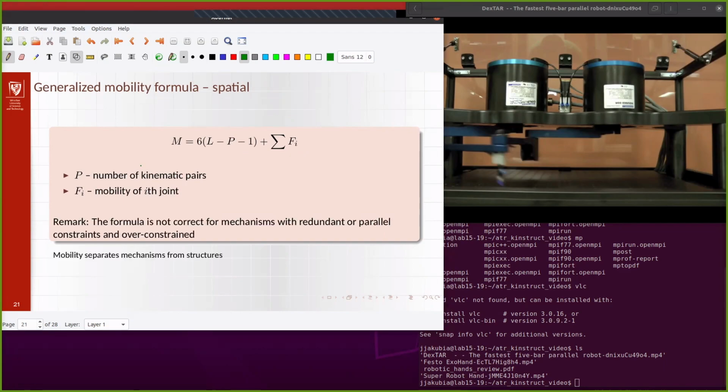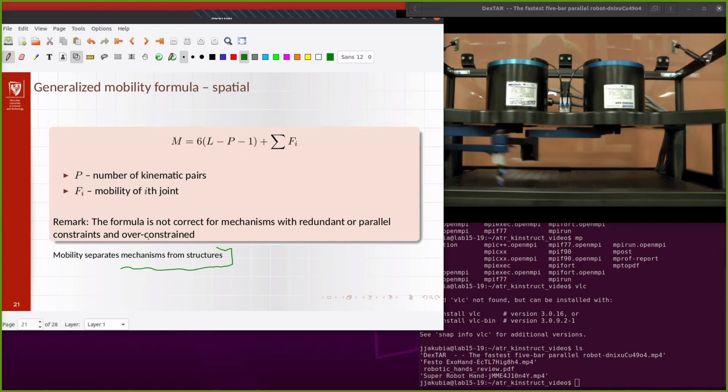Okay, there are two things to remember. Firstly, this formula, when we look at the mechanical part of the knowledge, is mostly used to distinguish between mechanisms and structures.